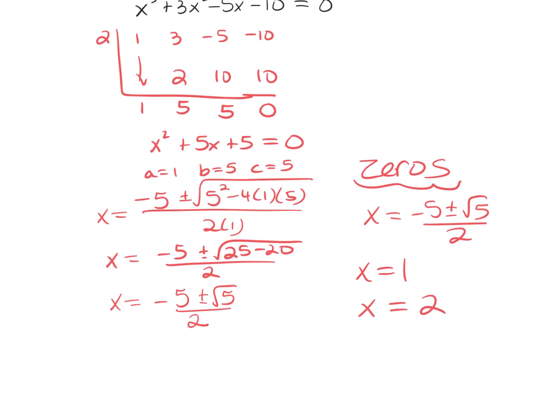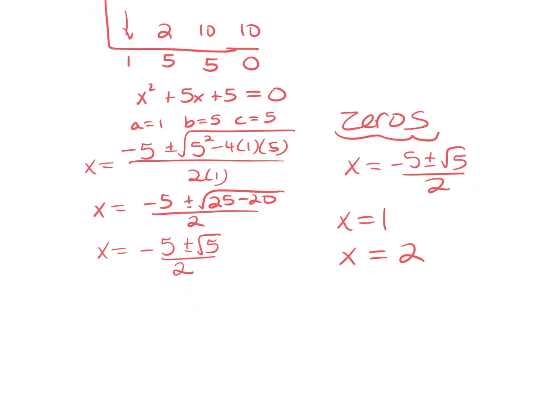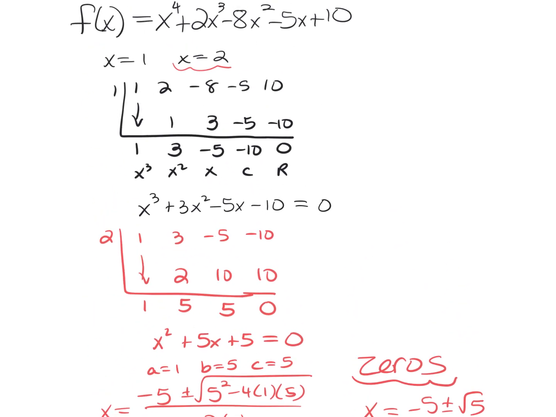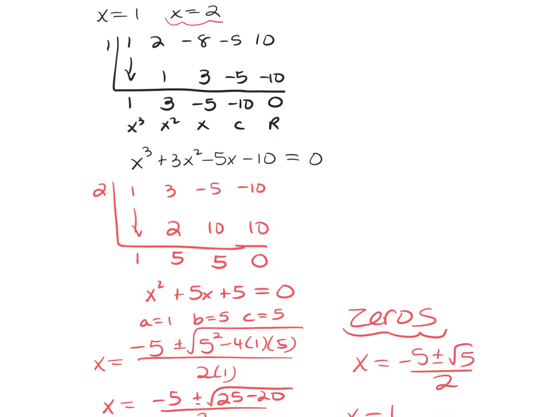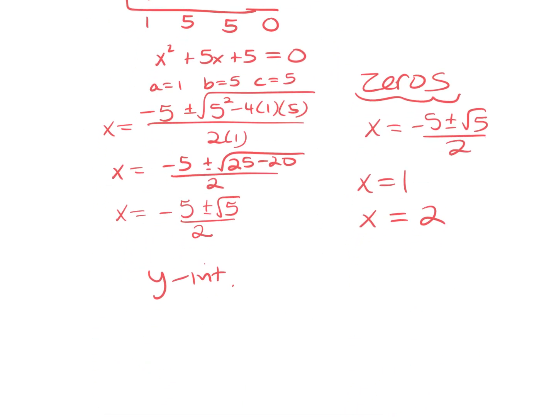Then the next thing we're going to do is list the y-intercept. Remember, that's just the constant from the beginning. So if I go back up to the beginning, this is my y-intercept, the positive 10. So my y-intercept is going to be the ordered pair 0, 10.